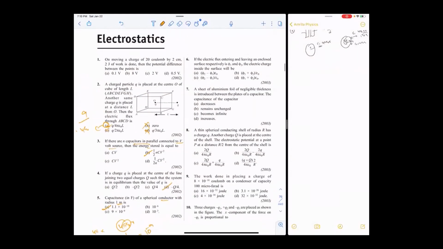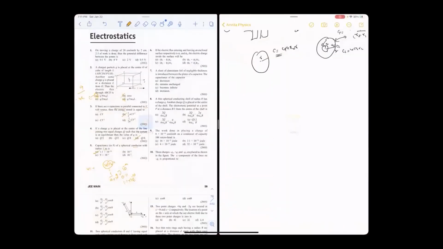The next one. If the electric flux entering and leaving an enclosed surface is Q1, Q2, what is the electric charge inside the surface? Charge enclosed by epsilon naught is the net flux. Question number 6, again Gauss law.